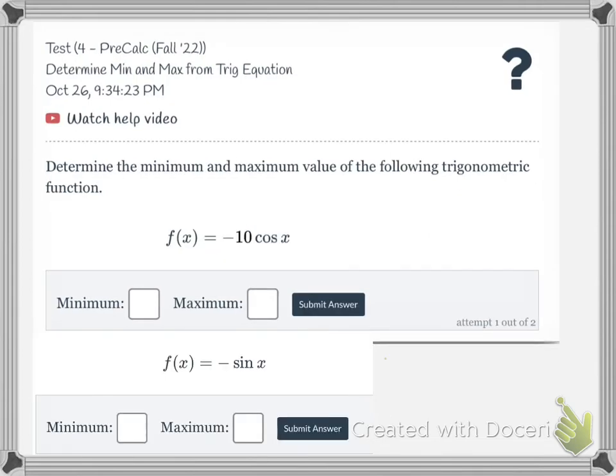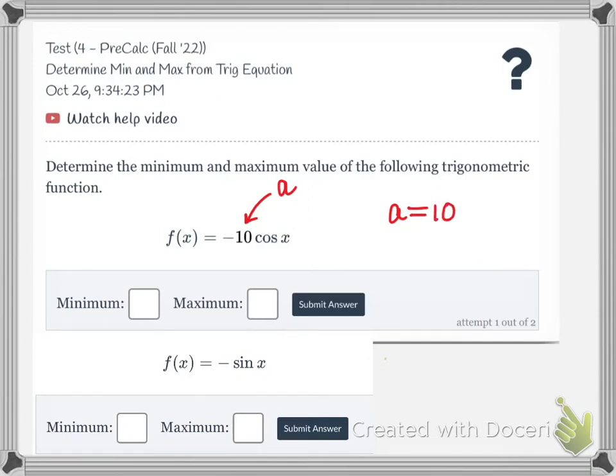All right, here are some other ones. Here, notice we need to identify A and D again. So here, that's my A value, but in this case, it is a negative number. So I need to make sure and tell myself that A is going to be 10, not -10.